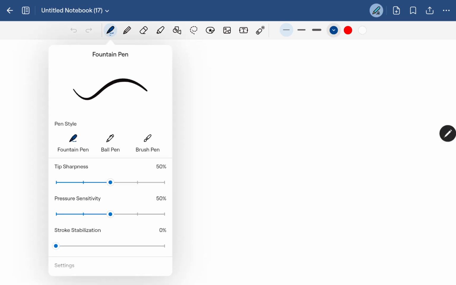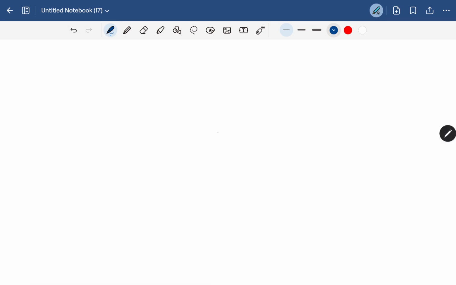So let us start. Suppose your structure's shape, meaning the plan of the structure, will be like this.